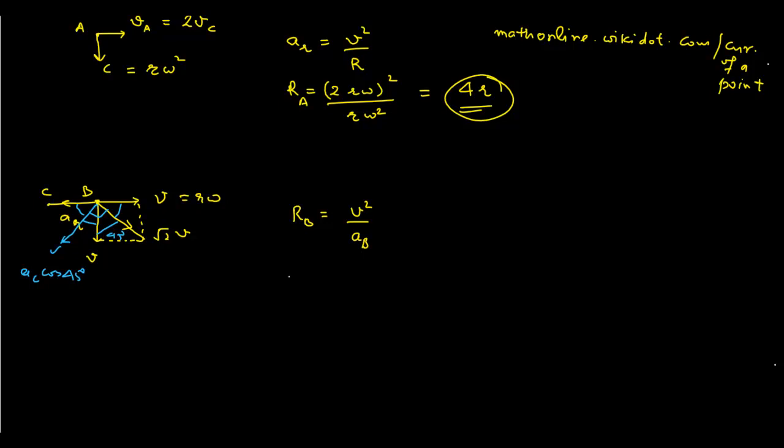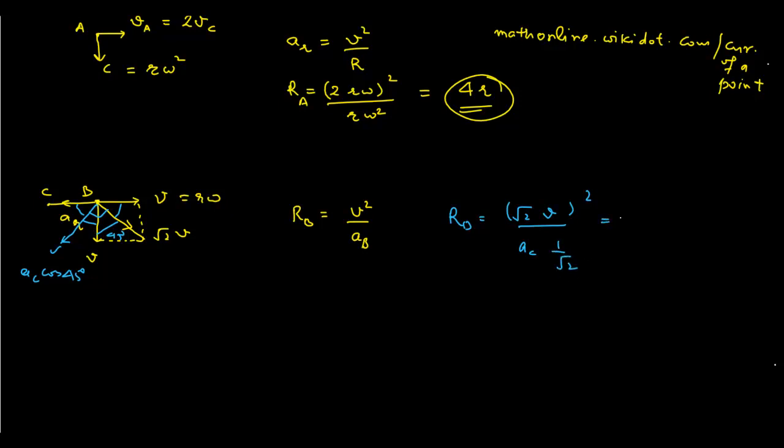So the radius of curvature of point B is equal to the velocity of this point B, that is under root 2 v whole square, divided by the acceleration. Acceleration is AC cos 45 degrees, 1 by under root 2. Clear?